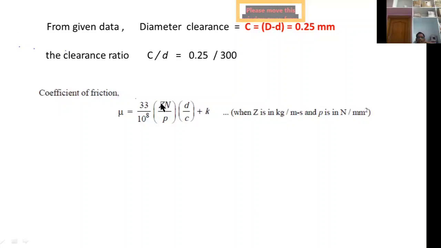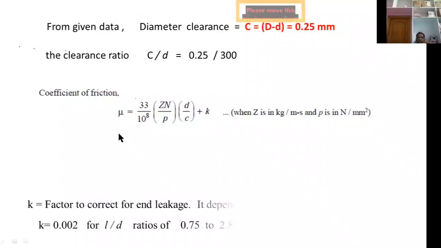Here Z value is given, N value is given, P value is already given, D by C is given. By using these values, you have to find the value of mu. Here small k is the leakage factor, end leakage factor. For the L by D ratios 0.75 to 2.8, you have to consider k equal to 0.002. So you have to substitute this value.